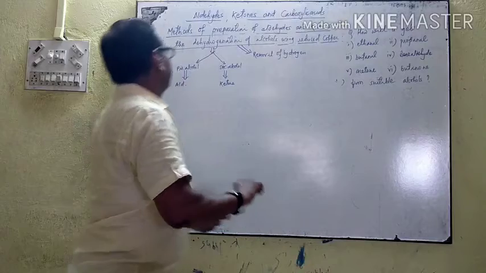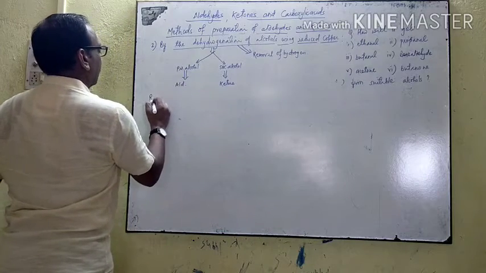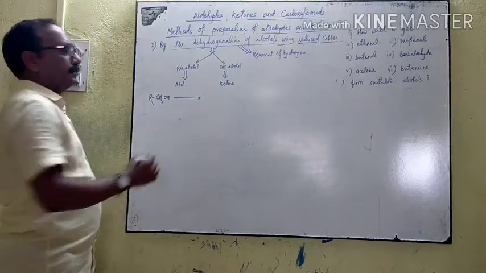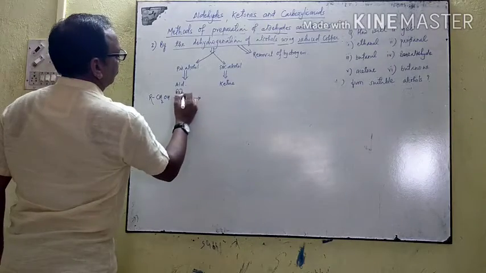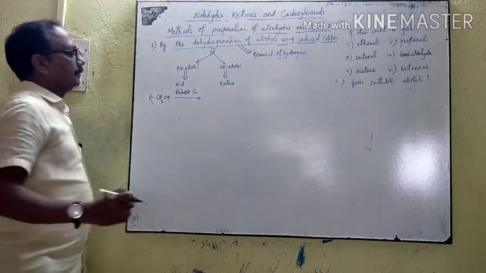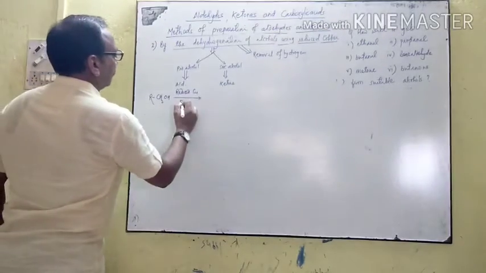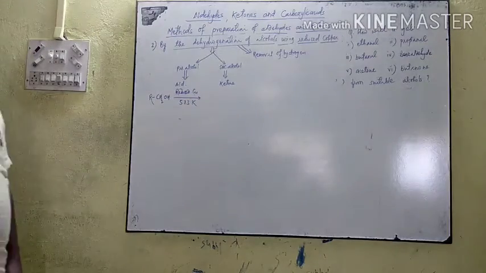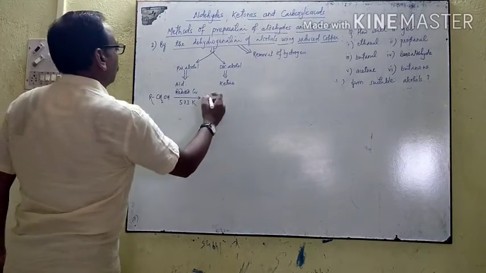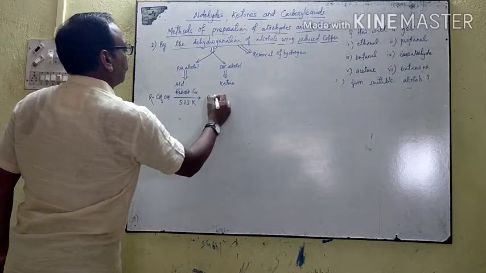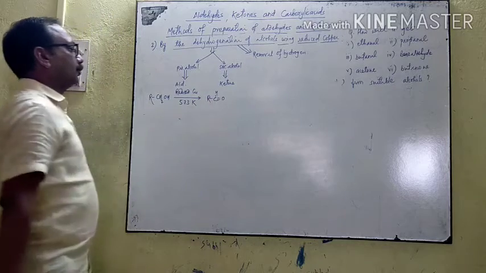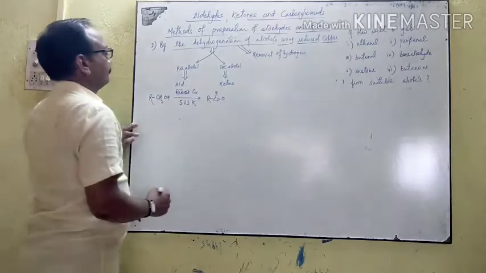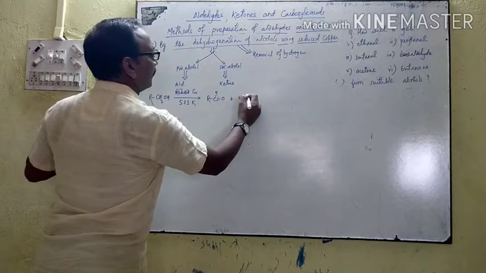So let's have a similar discussion. Primary alcohol RCH2OH, with reduced copper, and the temperature is about 573 Kelvin. Hydrogen is lost, and therefore you are expected to get RCHO. H2 is lost, so it is removal of hydrogen.